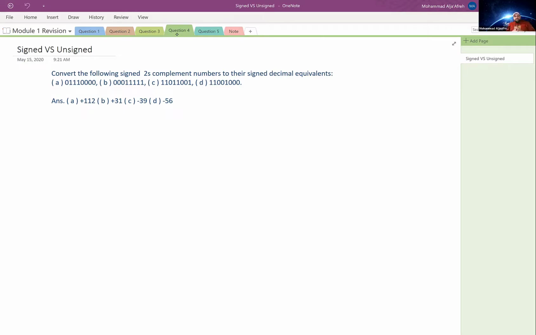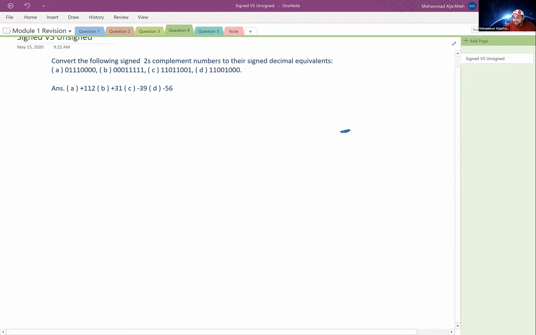For this question, which has been asked by one of your colleagues: what is the difference between signed and unsigned numbers? Okay, so the computer does not understand the minus sign. We as humans can understand if a number is in the minus format or in the positive format.